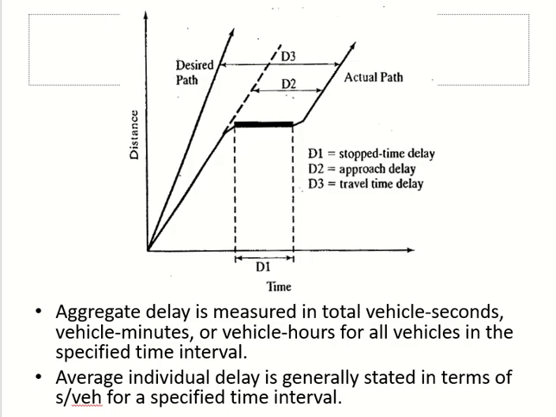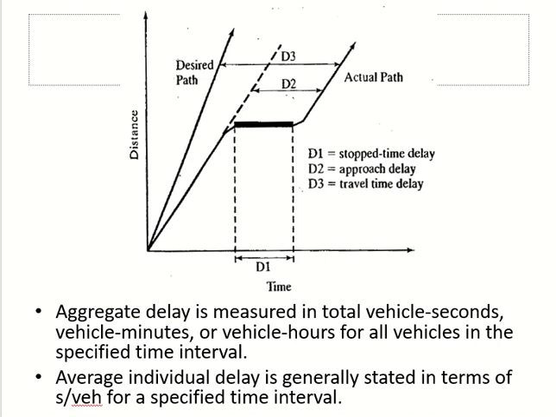This diagram shows three types of delay. We have four in total, the ones I showed you in the previous slide. Three of them are here. We have time on the x-axis and distance on the y-axis. You can see a line here which says desired path.